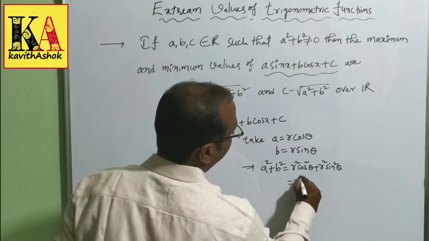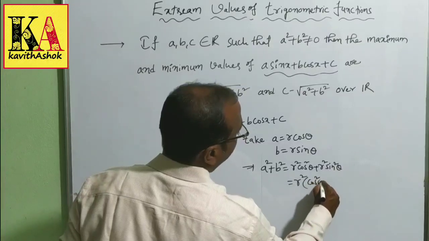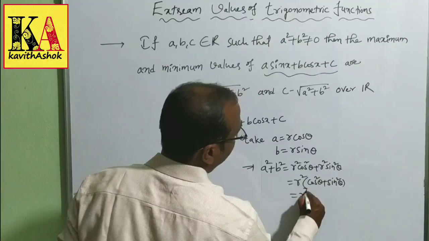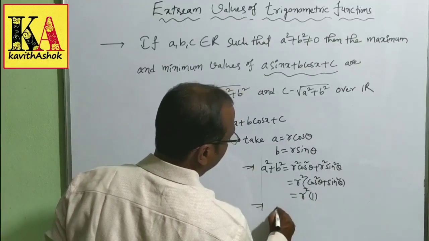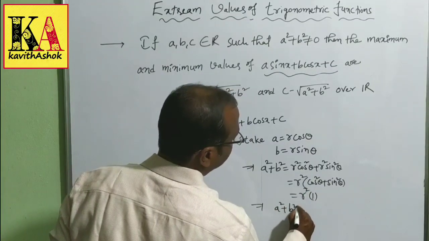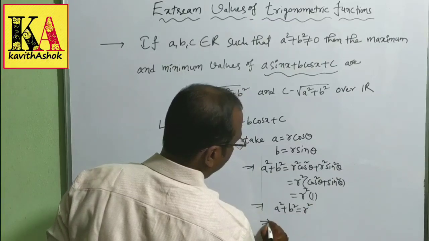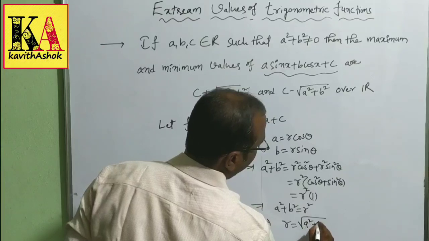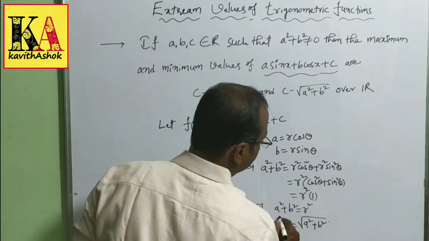If you take r square common, then we get cos square theta plus sin square theta, which is 1. Then r square into 1. So finally, a square plus b square is equal to r square. Then r becomes under root of a square plus b square. Okay, just keep this aside.